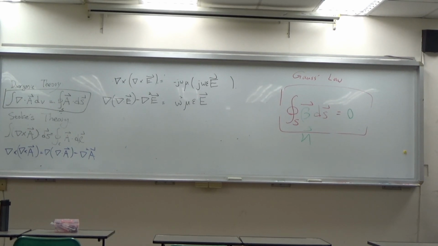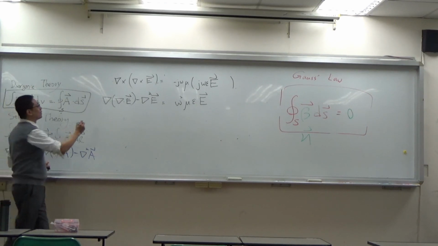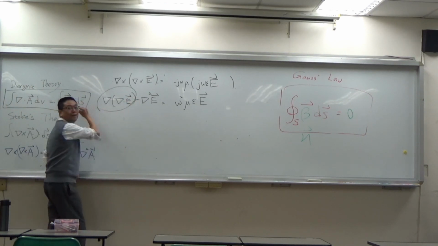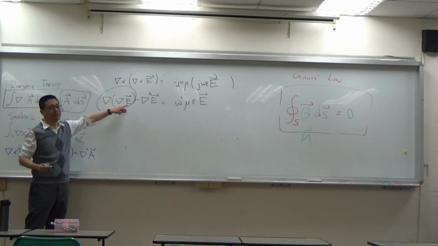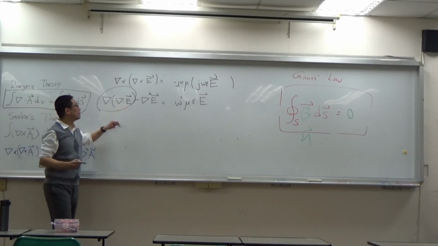D is epsilon E, which means divergence E is also 0.